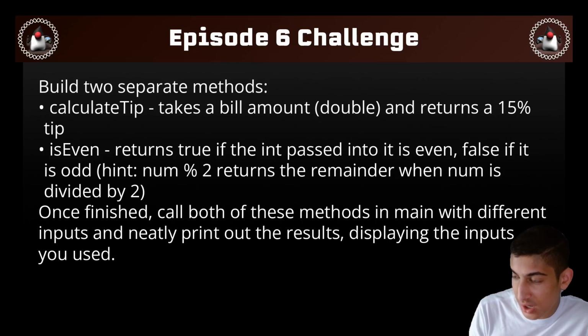So num % 2 will return the remainder when the variable num is divided by 2. Once you're done creating both of those methods, call them in main and test them with different inputs, and neatly print out both the inputs you tested and the outputs that the methods gave you.